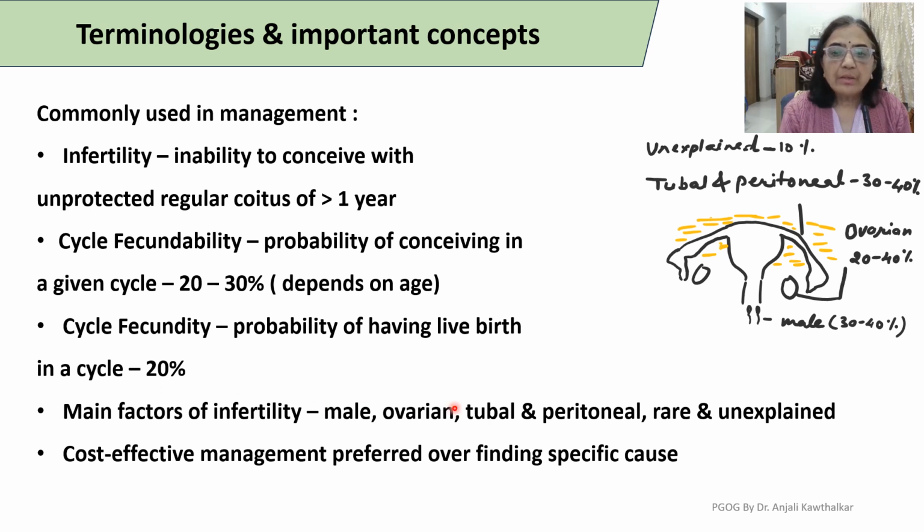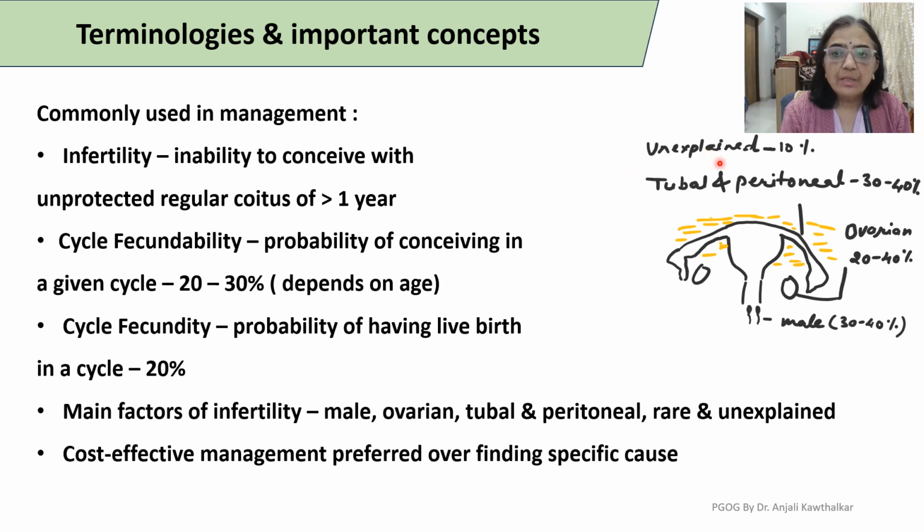As we all know, the main factors for infertility are male factor in 30 to 40%, ovarian in 20 to 40%, and tubal and peritoneal in 30 to 40%, and there can be a combination in many couples with infertility. But in spite of extensive investigations, we can't find a cause.